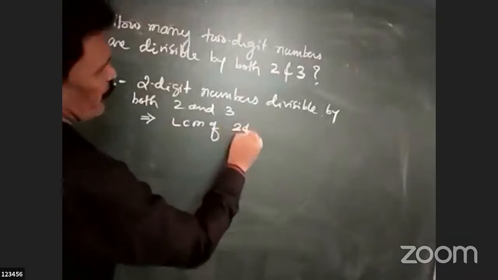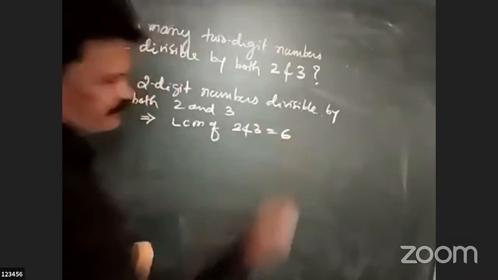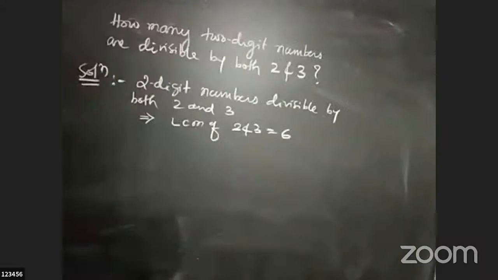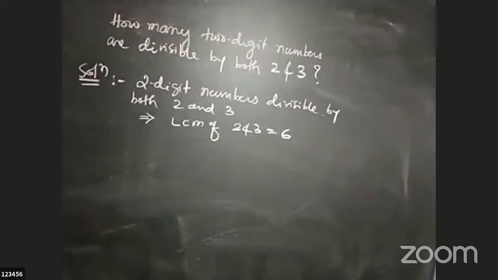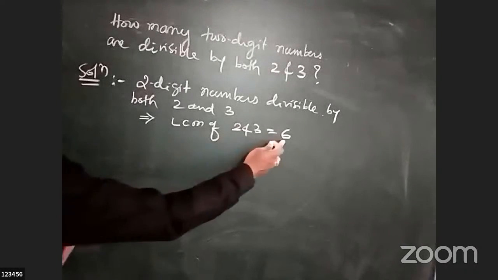The LCM of 2 and 3 is equal to 6. So the two-digit numbers divisible by 6 we have to consider.